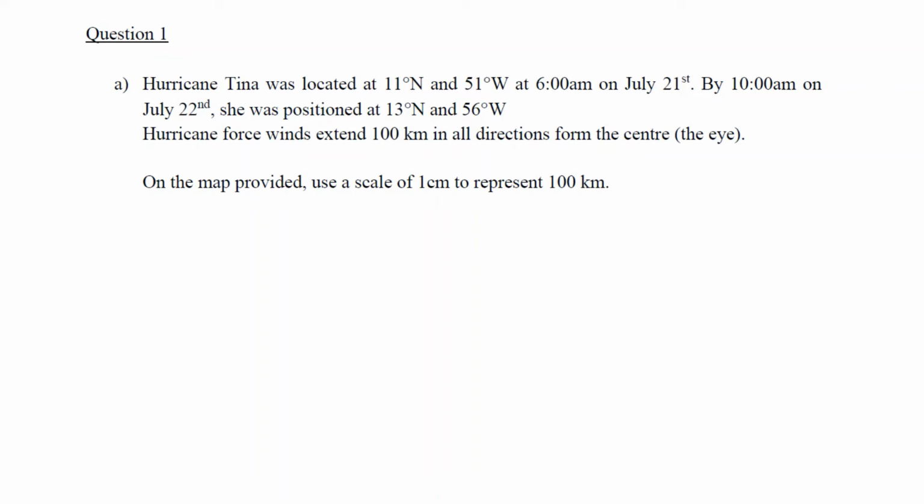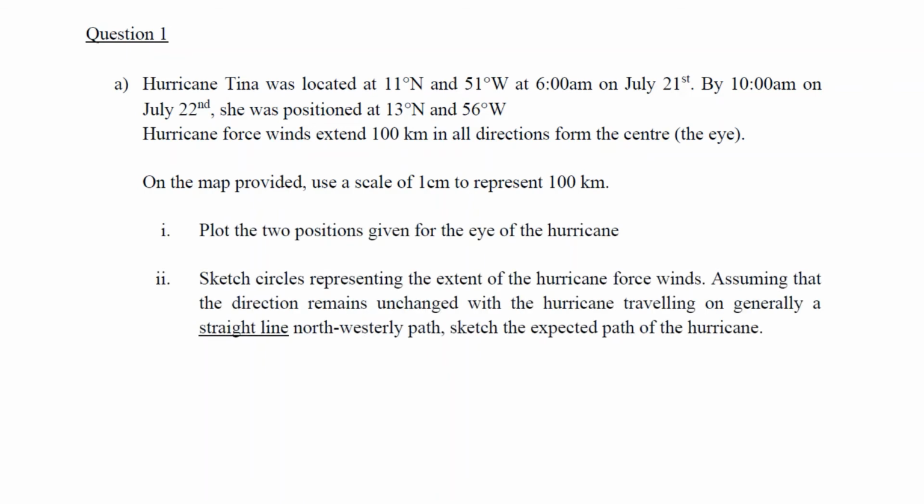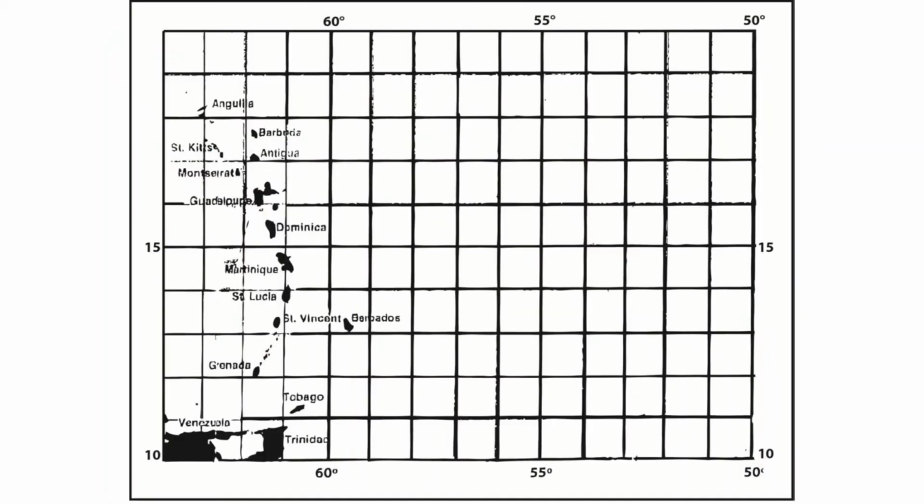The first thing we are asked to do is plot the locations of the hurricane on the 2 different occasions, and after that we are asked to draw circles representing the hurricane and show the expected path. The July 21st location is 11 degrees north, 51 degrees west.